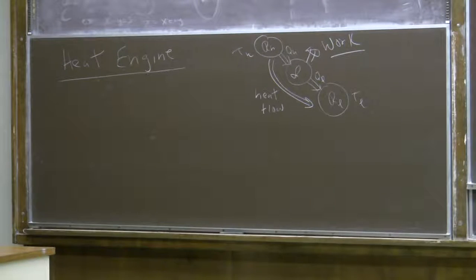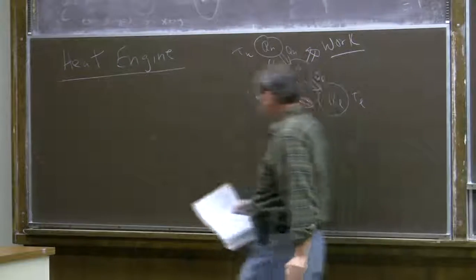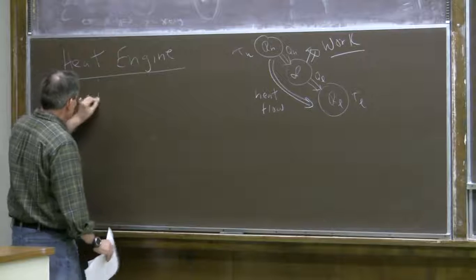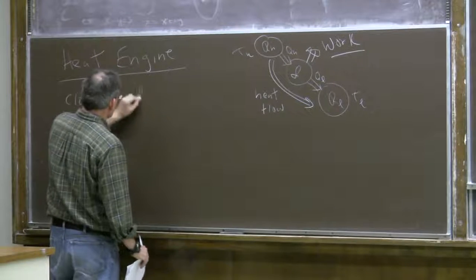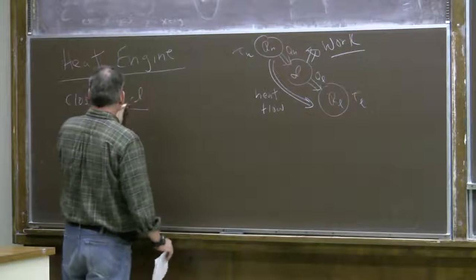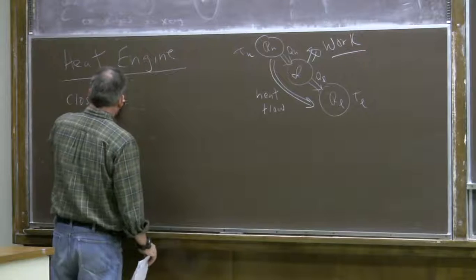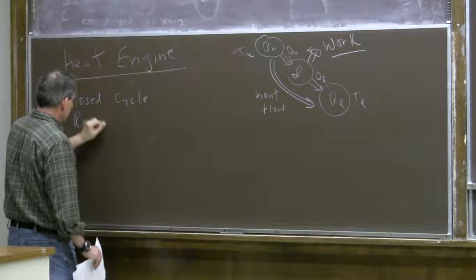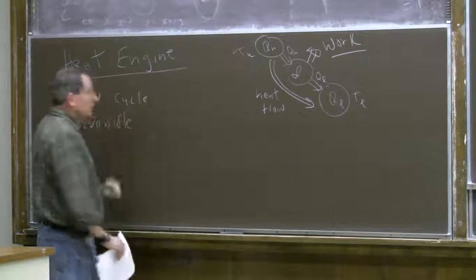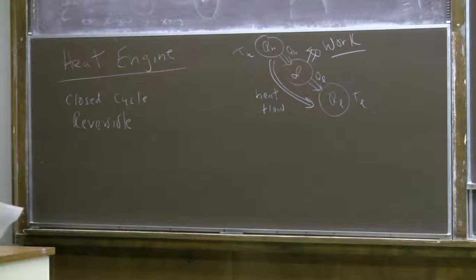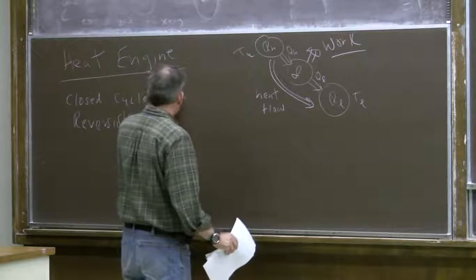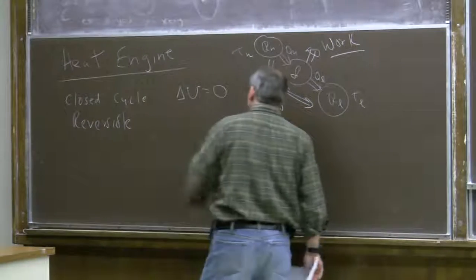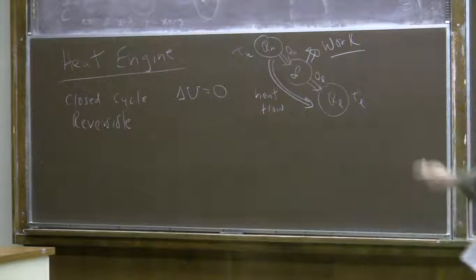The ideal heat engine works reversibly and undergoes a closed cycle. Since it's a closed cycle, the internal energy of the system returns to its initial value when the cycle is complete.